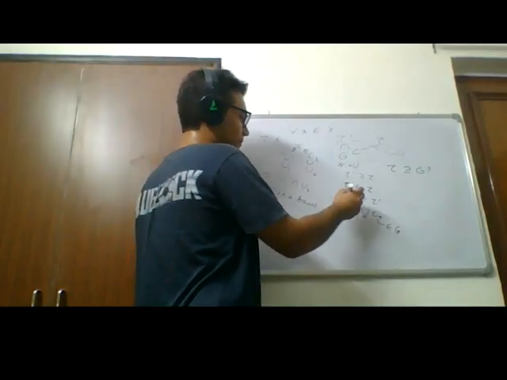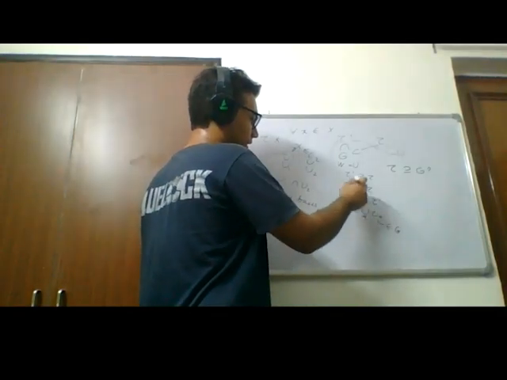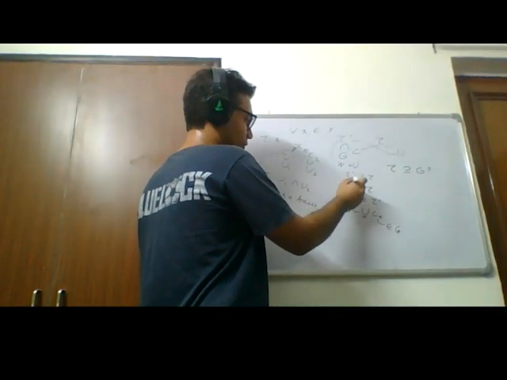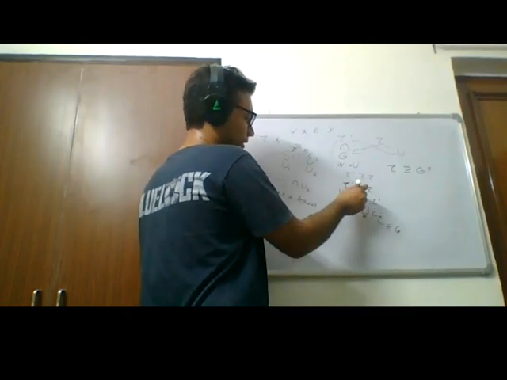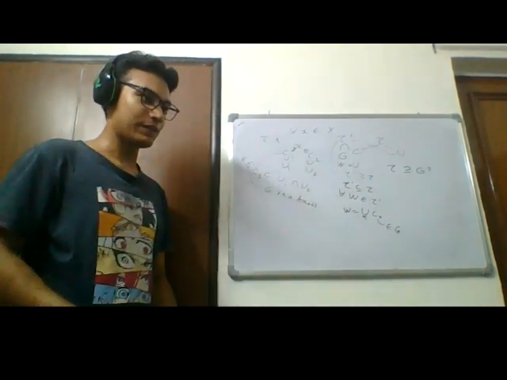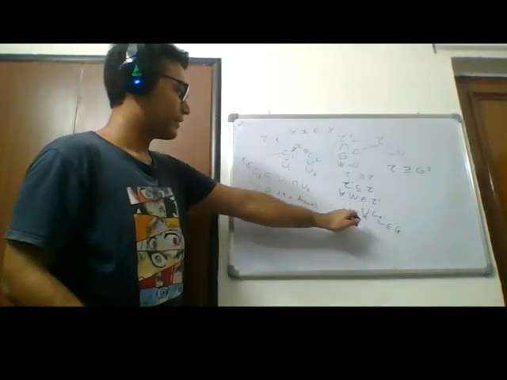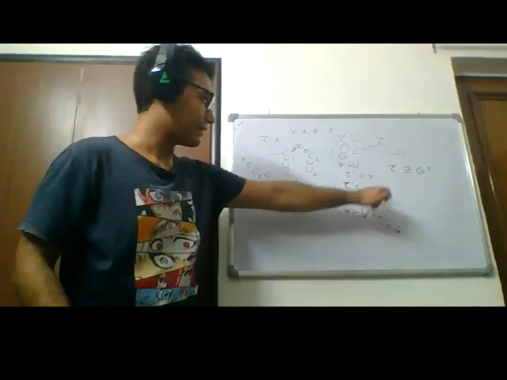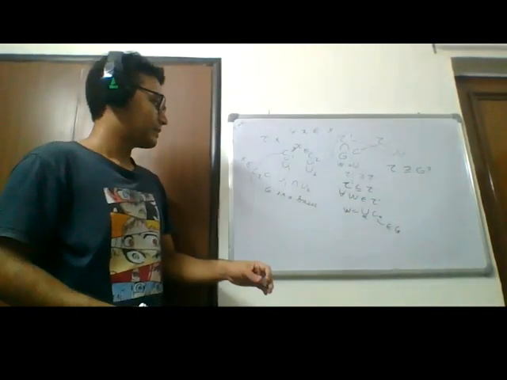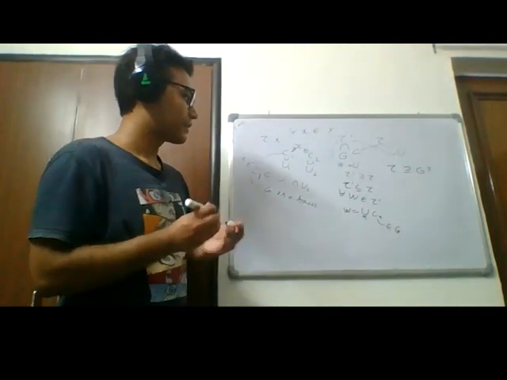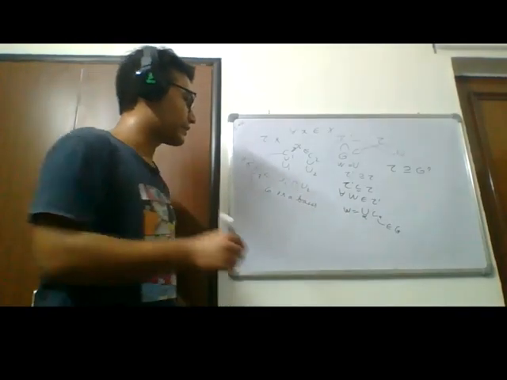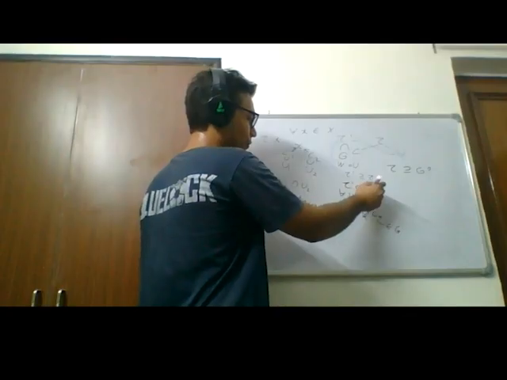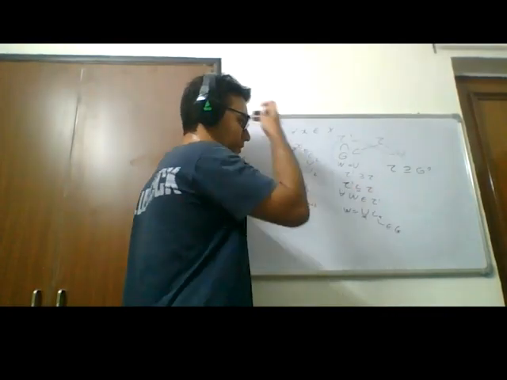So if W is any open set here, since this is by definition a union, every W is a union of members of calligraphic C. So essentially W will belong to tau because tau is a topology.